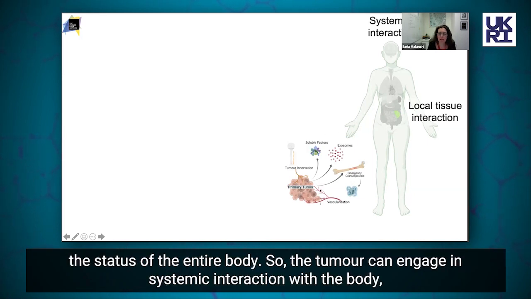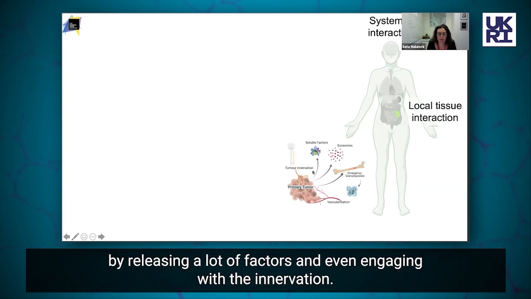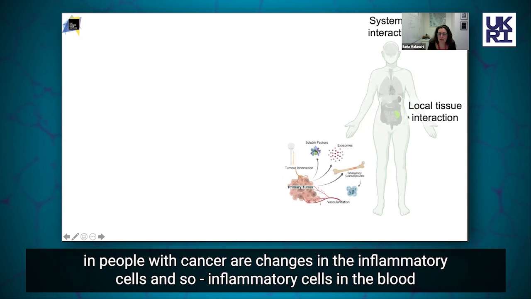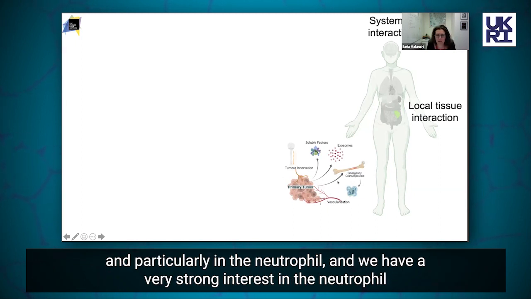So the tumor can engage in systemic interaction with the body by releasing a lot of factors and even engaging with the innervation. So one of the measurable changes which happen in people with cancer are changes in the inflammatory cells in the blood, and particularly in neutrophils.